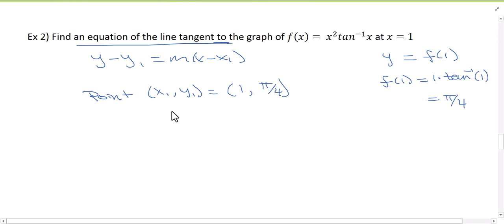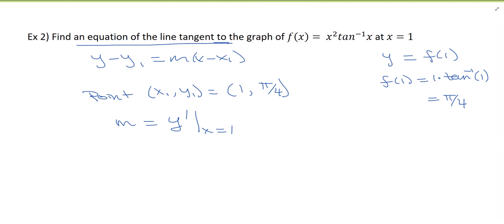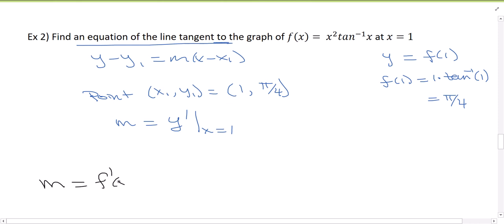And so we need the slope. m is the derivative evaluated at x equals 1. Or we might need the full point if we have to do it implicitly, but this is explicitly a function of x, so we don't need implicit differentiation here. So m is going to be f prime of x, so let's find the derivative. So x squared times inverse tangent, so that means I need a product rule.